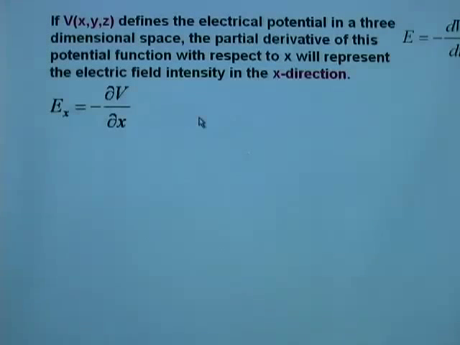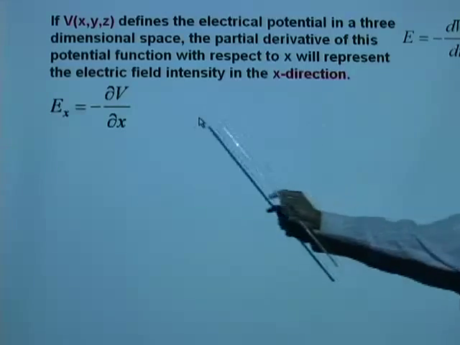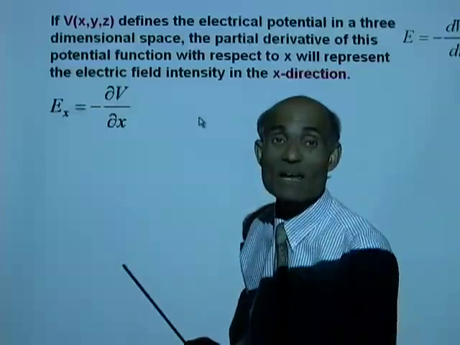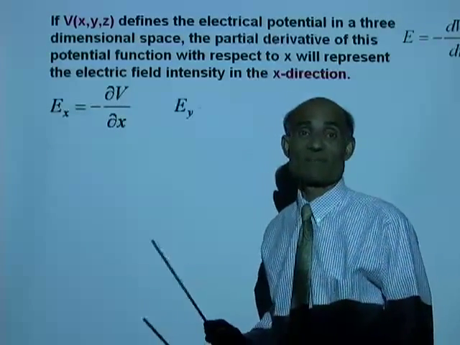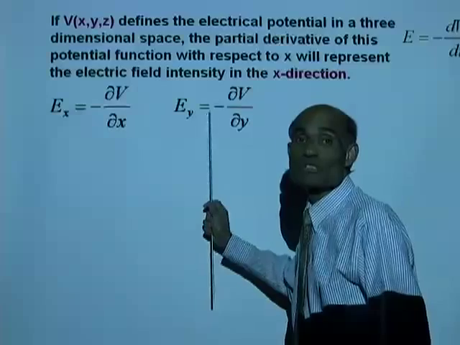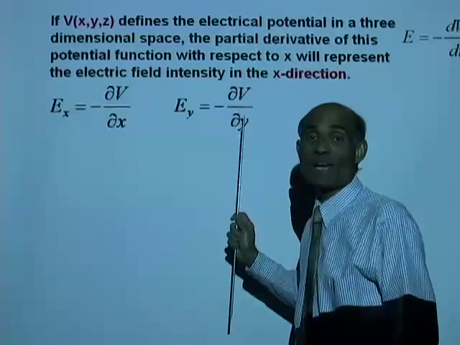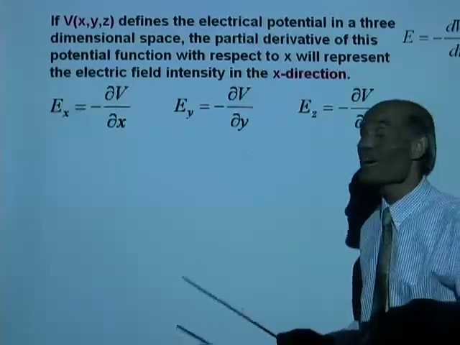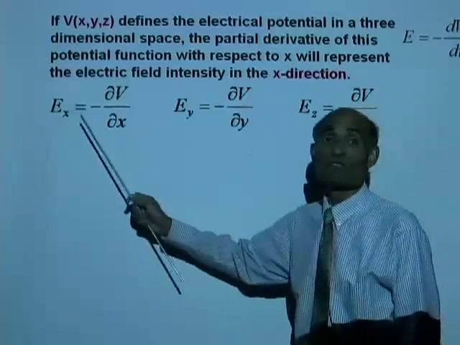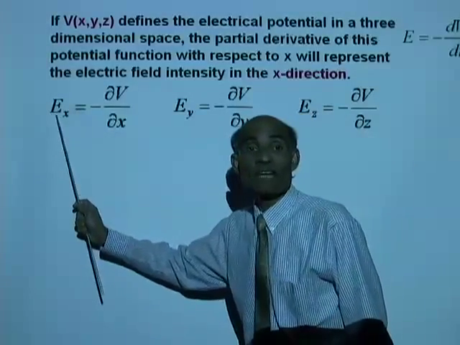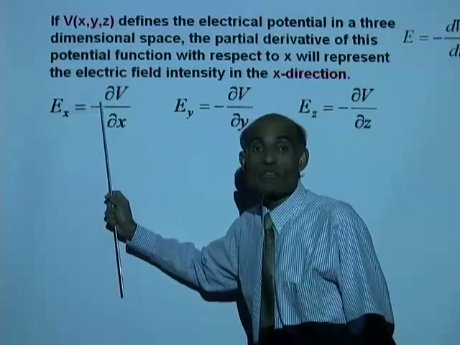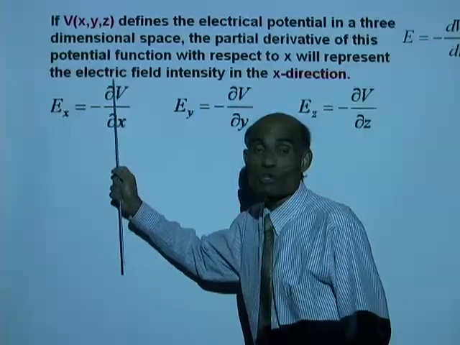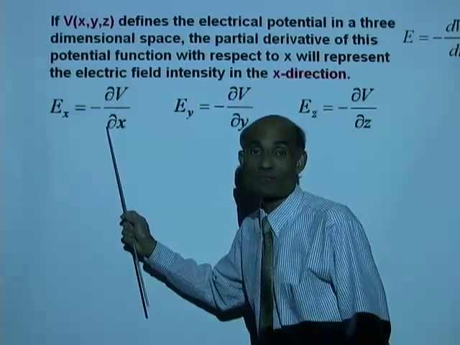So I can now write Ex equal to negative del V by del x, Ey equal to negative del V by del y, and Ez equal to negative del V by del z. So the electric field in the x direction is negative of the derivative of the potential function in the x direction.